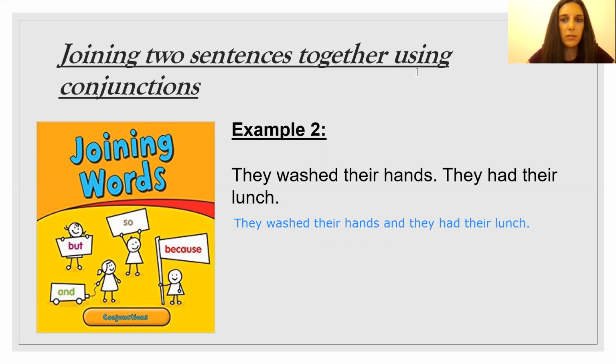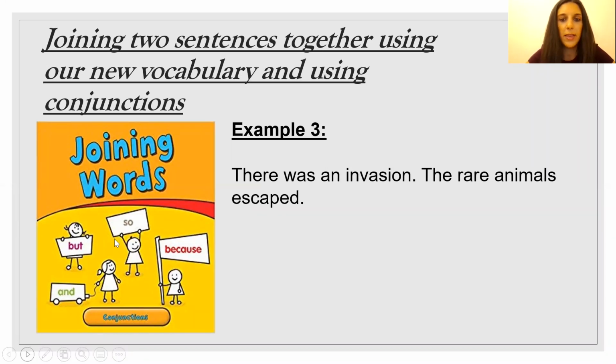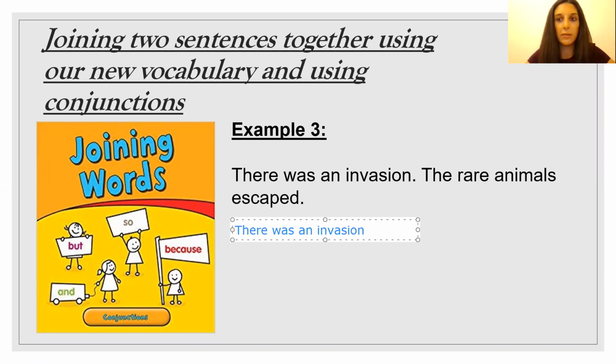So these are just two simple sentences. We're now going to begin to look at vocabulary that we were introduced to yesterday. So there was an invasion. The rare animals escaped. Okay. So again, start by typing out that first clause. There was an invasion and the rare animals escaped.